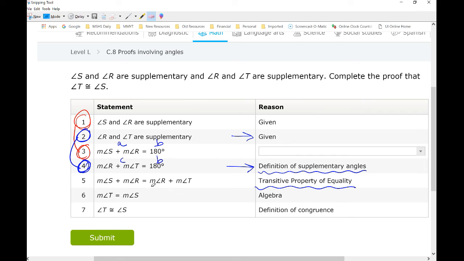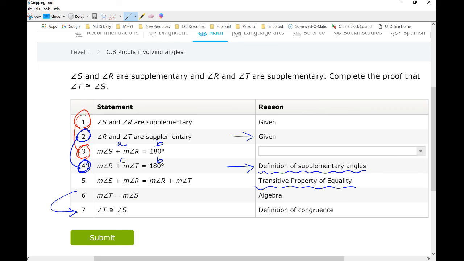Okay? Now, notice what took place between 5 and 6 here. Notice that the measure of angle R was removed equally from both sides of the equation, right? That's our algebra. That was the subtraction property of equality, where we removed both of those equally. And then finally, as I said in the other video, we transition from measure language back to congruence language.